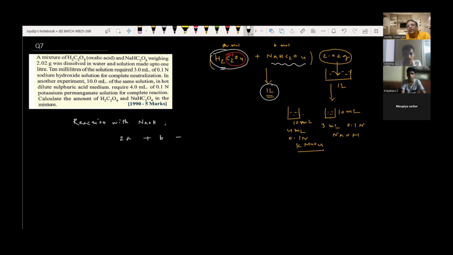From this 1 liter, we have taken out 10 ml, and with this 10 ml we are considering.